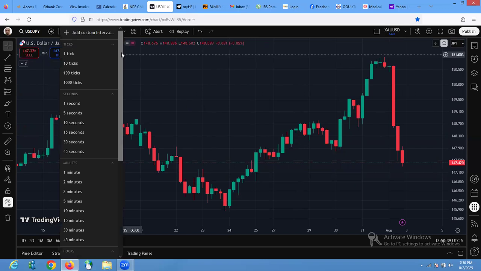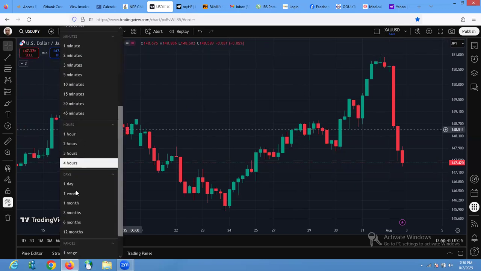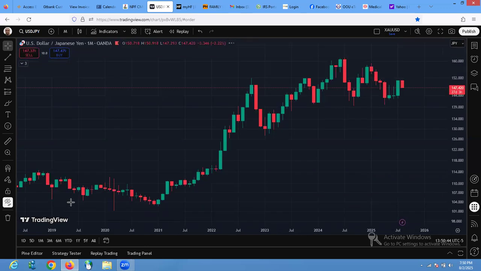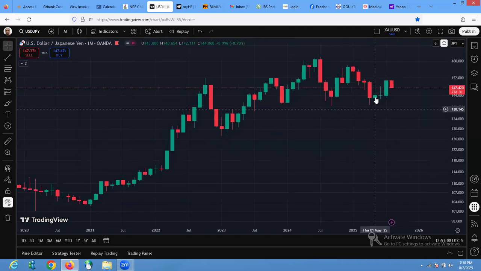So let's go to the monthly first to understand the mood here. On the monthly here, what price has done so far is it has corrected. Now, just like I said, when you see a pin bar form, what has happened here was we had this move to the upside.